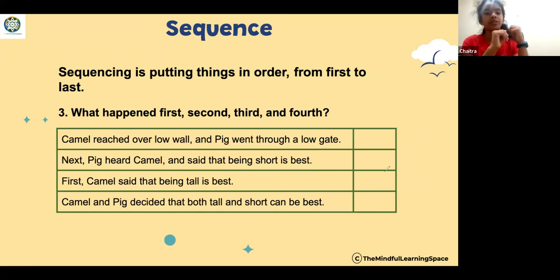And then the third one is Camel reached over a low wall and Pig went through a low gate. And then the fourth one is Camel and Pig decided that both tall and short can be best.